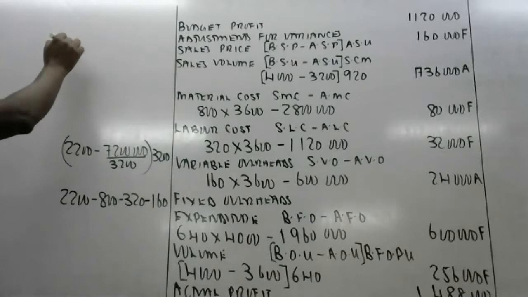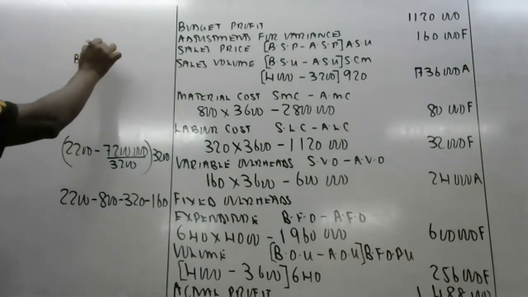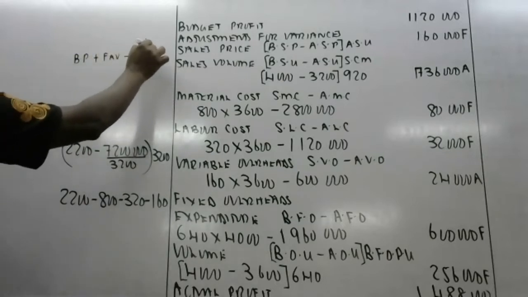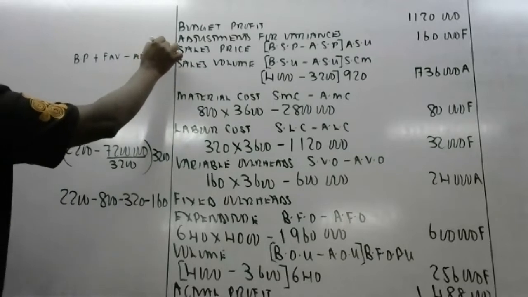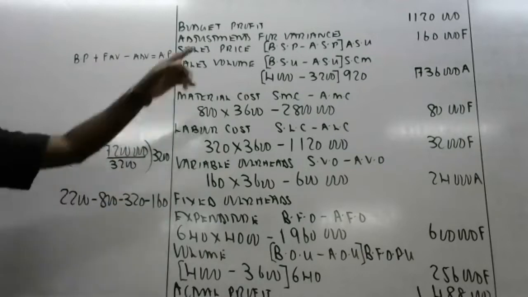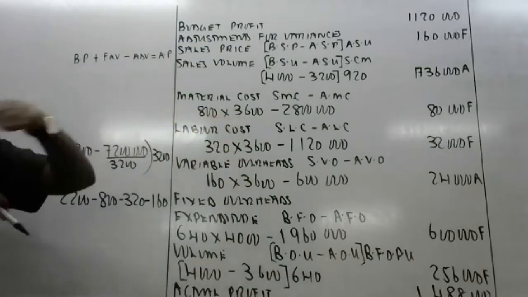In the reconciliation, you take the budget profit, you add the favorables, you less the adverse. It will give you the actual profit. That's how you do the reconciliation. Take the budget profits, add the favorable variances, less the adverse.